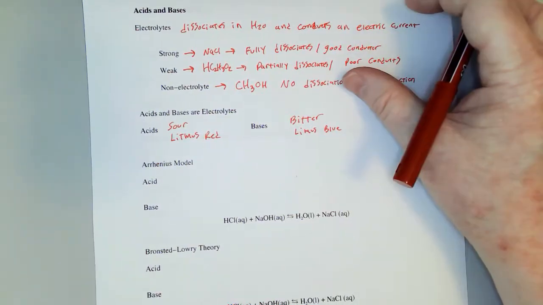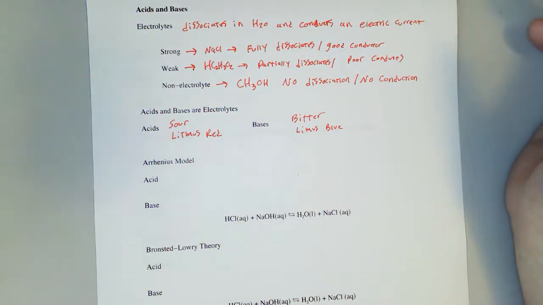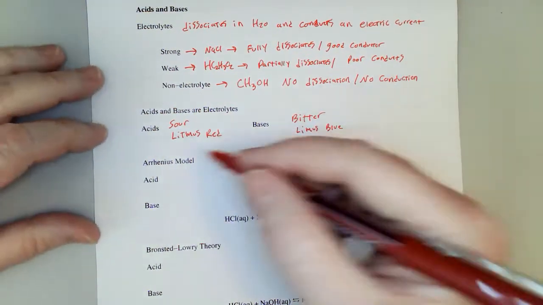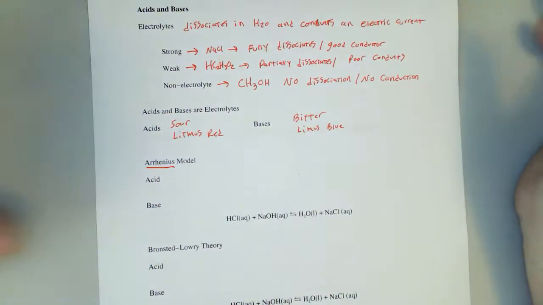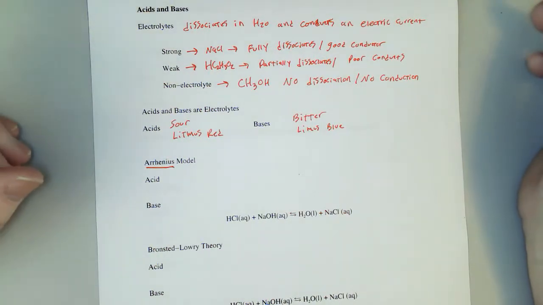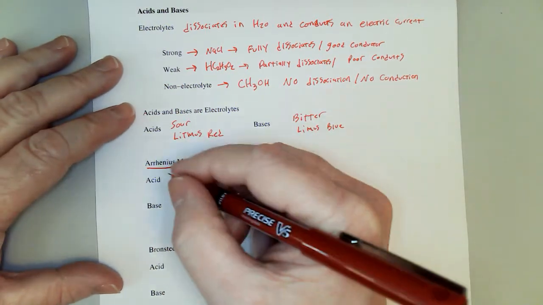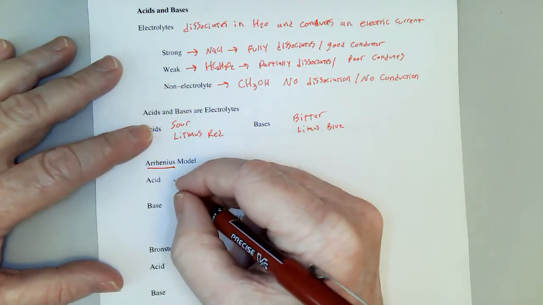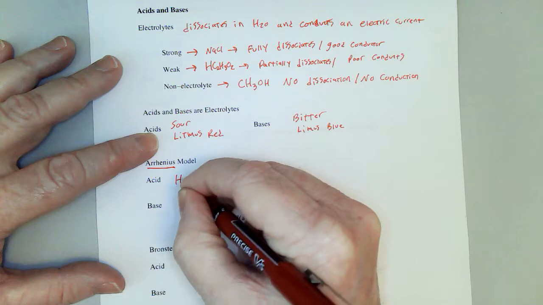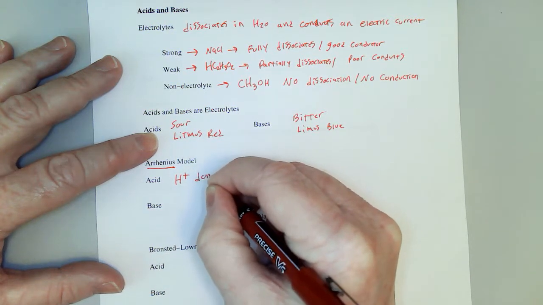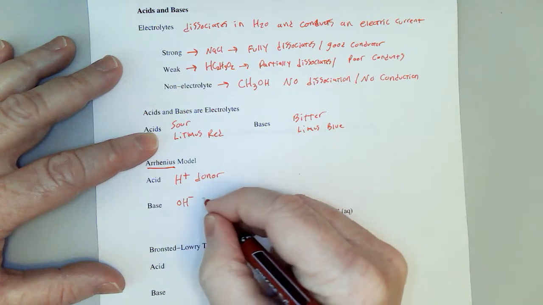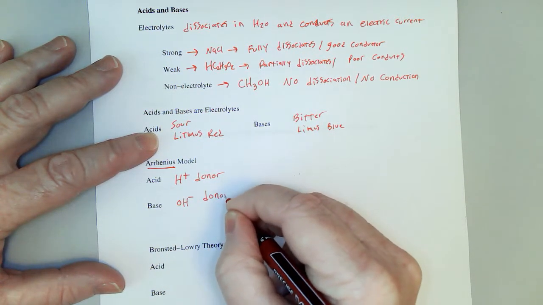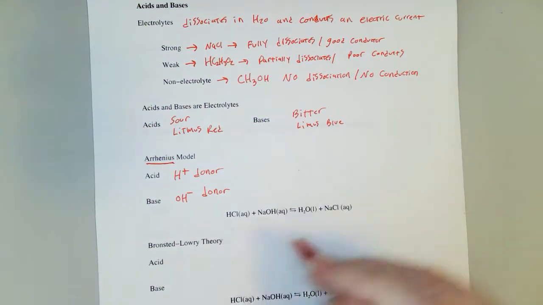Now, for some actual definitions, for some models, we're going to start with Svante Arrhenius. He's the guy that basically talked about ions in the first place and how things could ionize. According to his model, acids are H+ donors and bases are OH- donors.